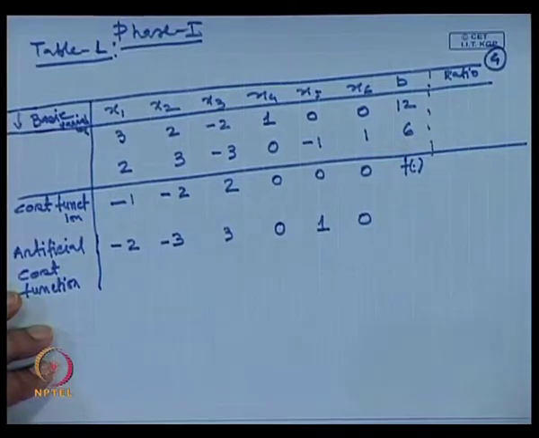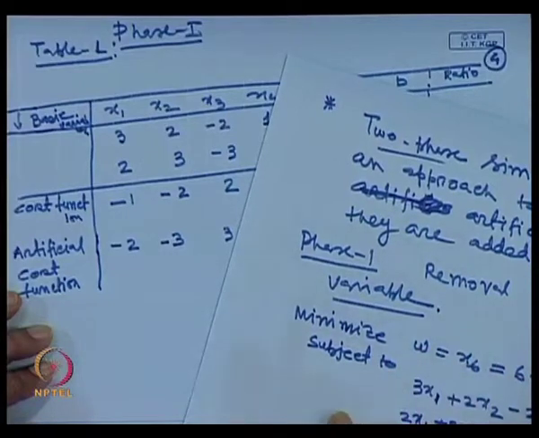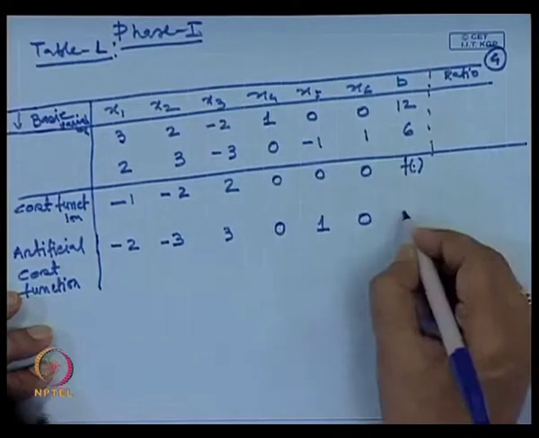Because 6 is constant, we take it to the left hand side, and w minus 6 is the objective function value.